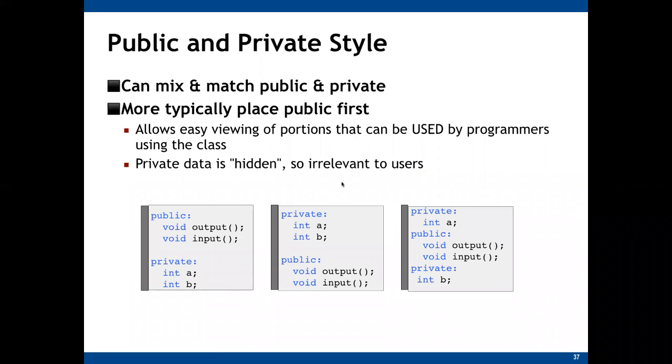You can have any number of public and private specifiers in the class definition in any order. So as you can see here, you can put all the public items first and then put private items. And the reverse is also possible. You can put private items first and then put public items. Or you can even mix private and public items as shown here.